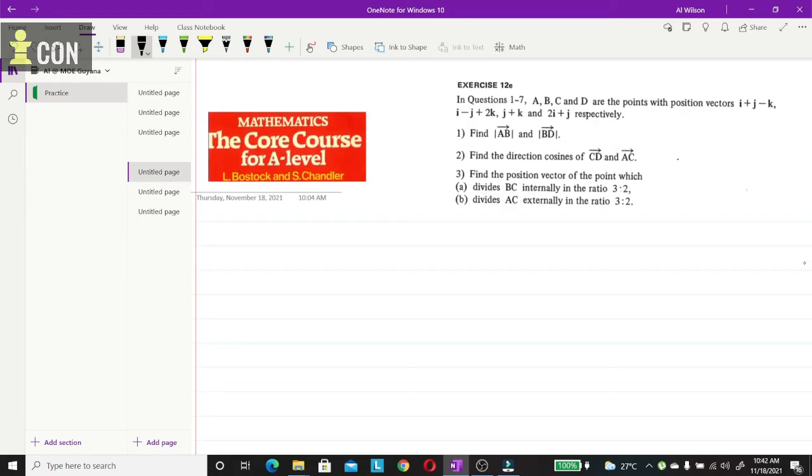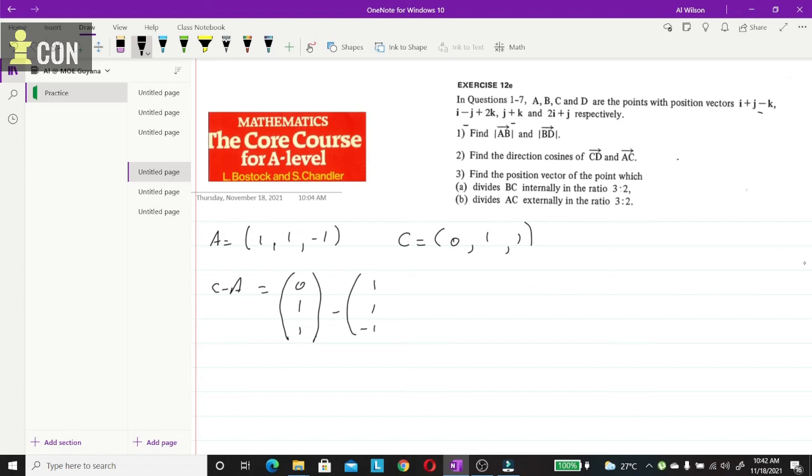So we're looking at the cosines of AC now. So A, the values we have are 1 I, 1 J, and a minus 1 for K. And for C, so this is A, this is B, C we have just J and K. So we have no I, we have 1 J, we have 1 K. So we go terminal minus initial, so C minus A is going to be equal to 0, 1, 1 minus 1, 1, minus 1.